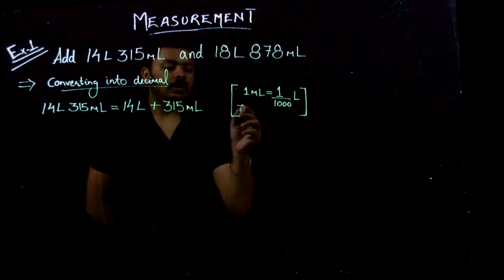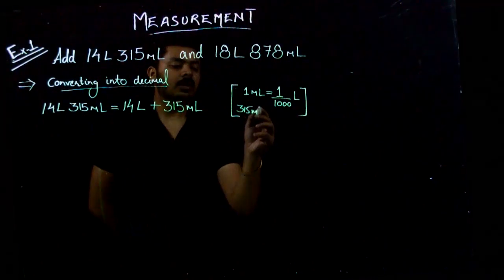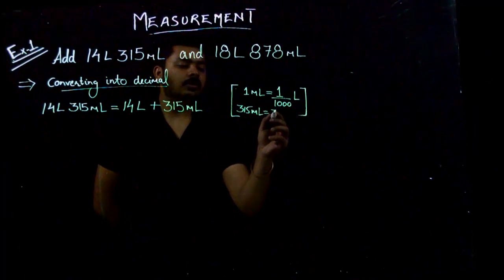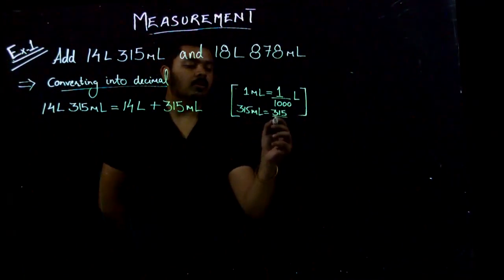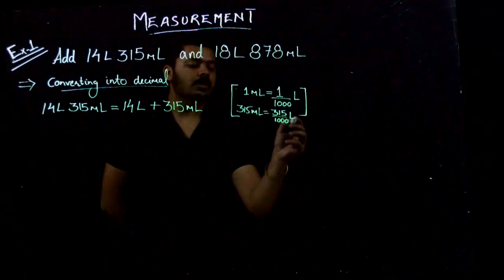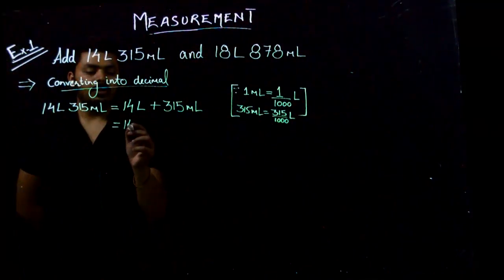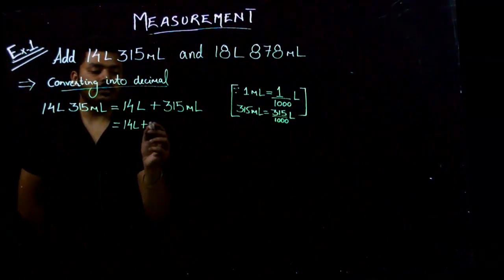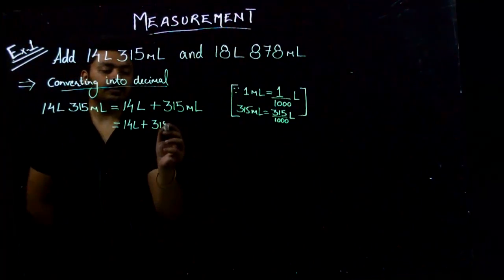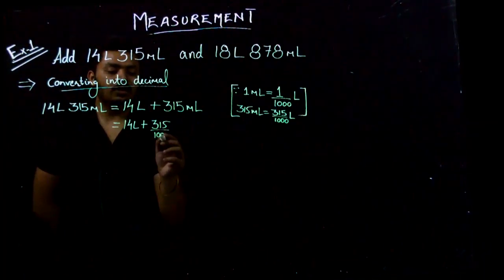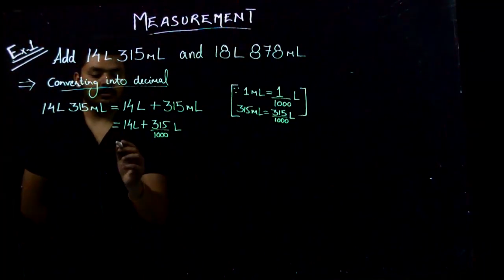Therefore 315 milliliter will be equal to 315 upon 1000 liter. So 14 liter plus 315 divided by 1000 liter.